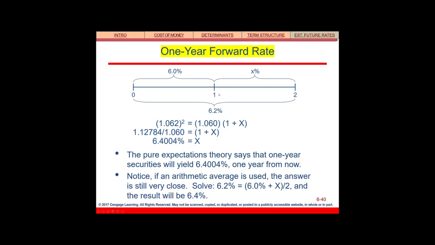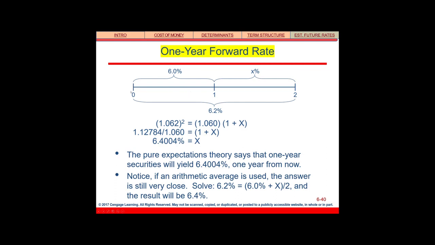What we can do first is to draw a timeline like this. Right now we're investing money, this is the end of the first year, this is the end of the second year. You can do two investments.